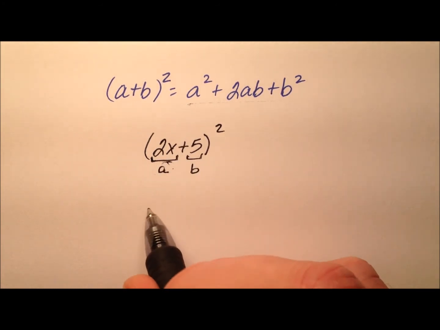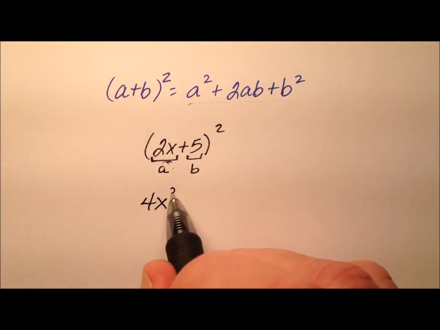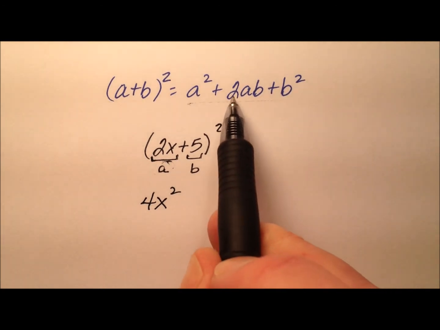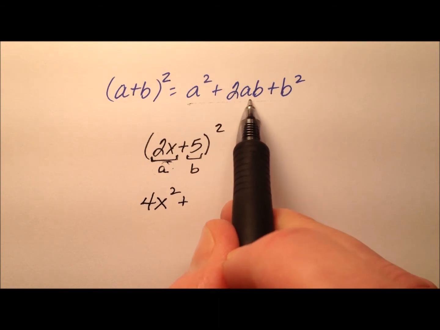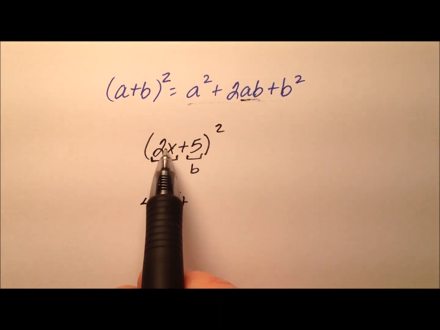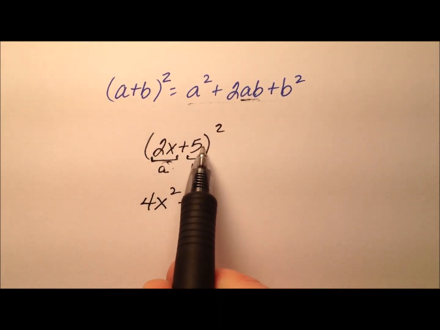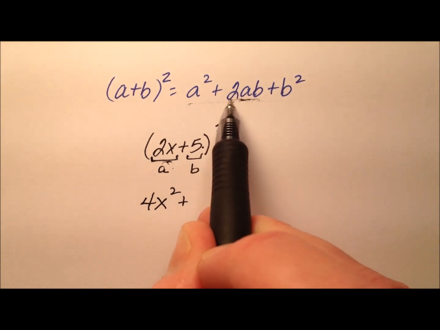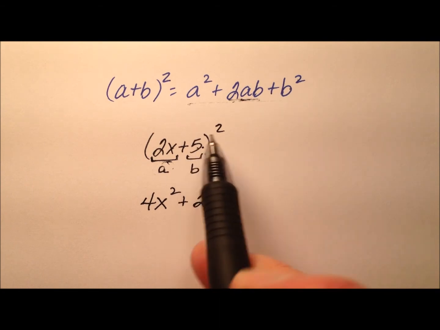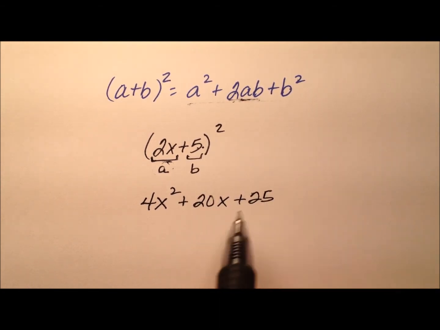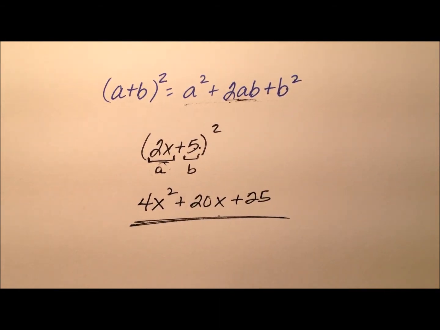So 2x times 2x will be 4x squared. And then it's plus 2ab. So it's twice the product of the two terms. So 2x times 5 is 10x, but I'm taking double that, so 20x. And then b squared, 5 times 5 is 25. Okay, so here's that product.